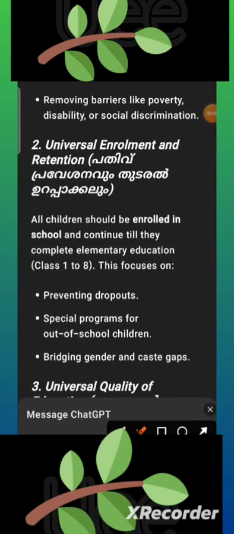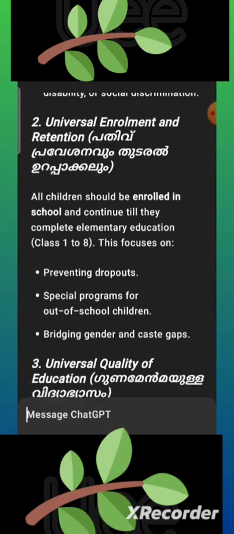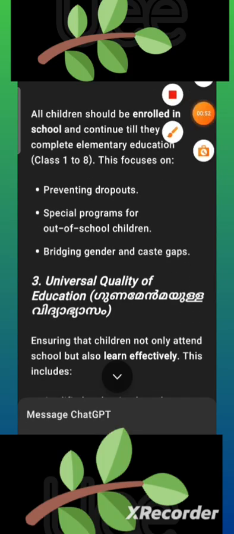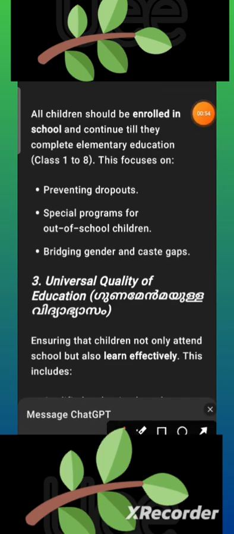All children should be enrolled in school and continue till they complete elementary education, classes 1 to 8. This focuses on preventing dropouts, special programs for out of school children, bridging gender and caste gaps. Universal quality of education.